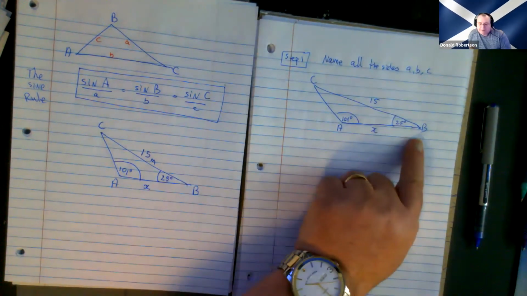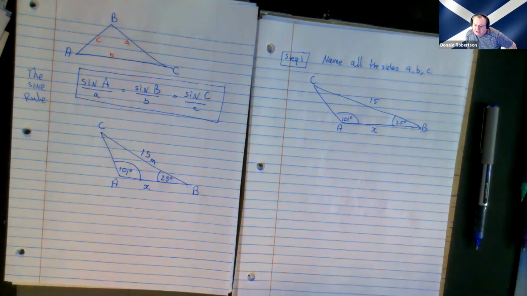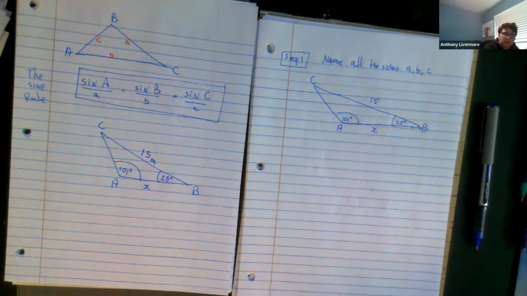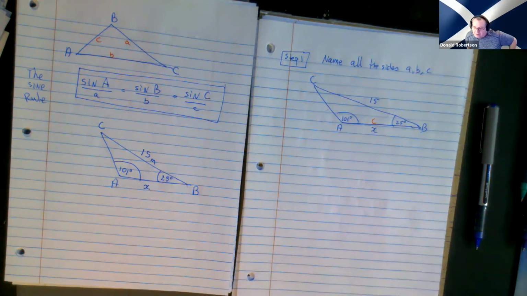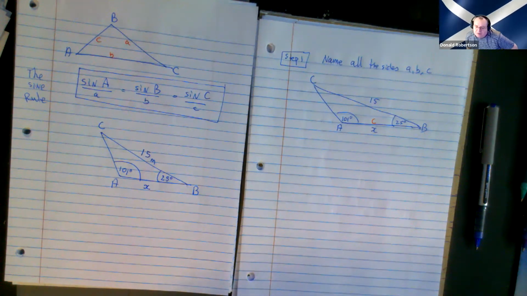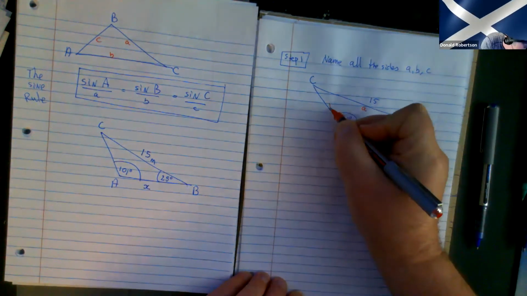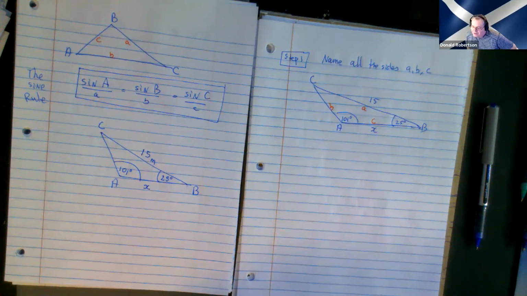The one that's called X, is its name little a, little b, or little c? Little c. The one that's called 15, little a, little b? Little a. And so little b. So not much to that step. Name the sides, give them the letters, in this case, little a, b, and c.